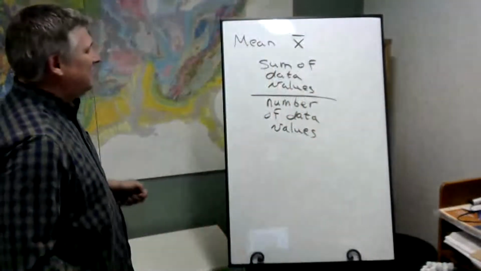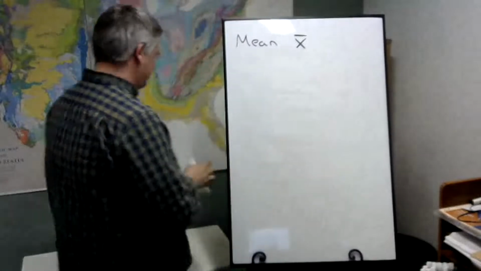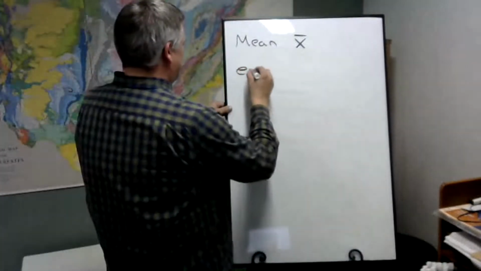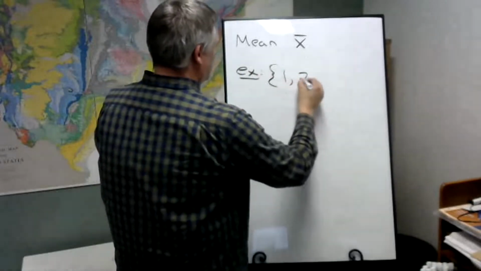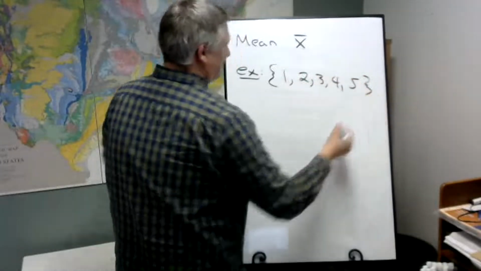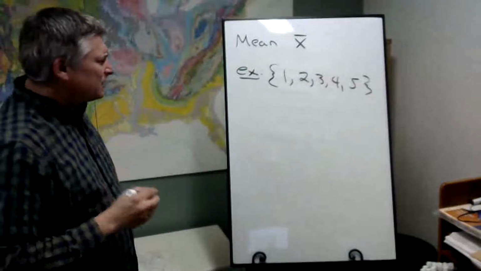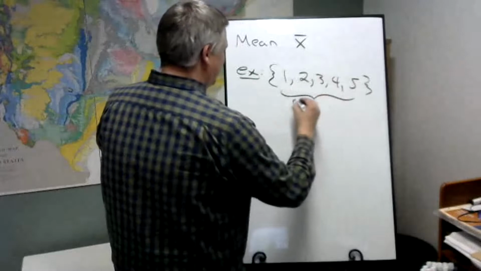So as an example, let's say our data is 1, 2, 3, 4, and 5. Those are our data values. So we have, first off, 5 values.